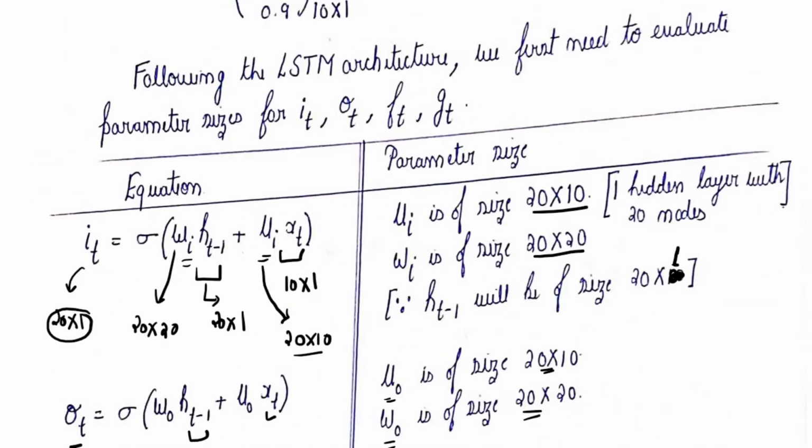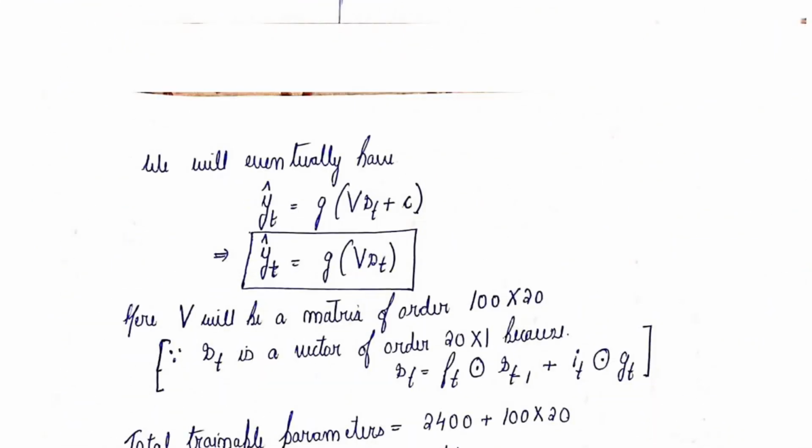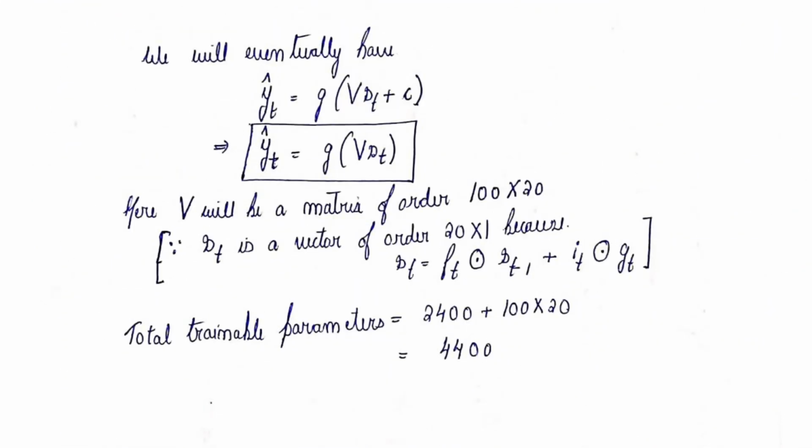So we already know what the output dimension of V is going to be. Output dimension of V is going to be 100, because we need to make a prediction of 100 elements. And now s_t is getting multiplied. Now s_t is of shape 20 cross 1.